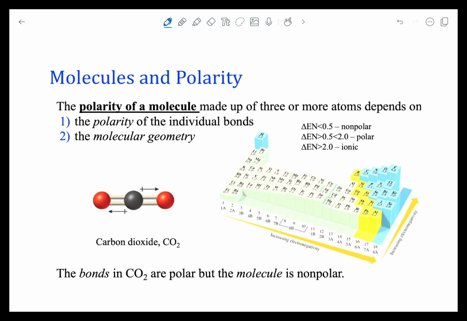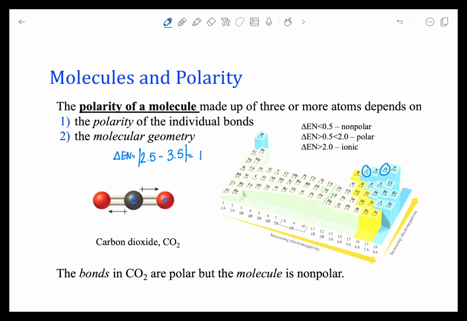So let's look at carbon dioxide. If we look at first the polarity of the individual bonds, we want to look at carbon to oxygen. So we see that carbon has an electronegativity of 2.5, and oxygen has an electronegativity of 3.5. So the delta EN is equal to 1.